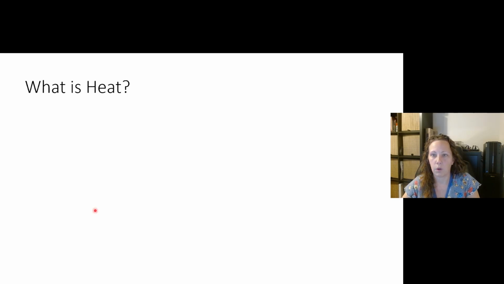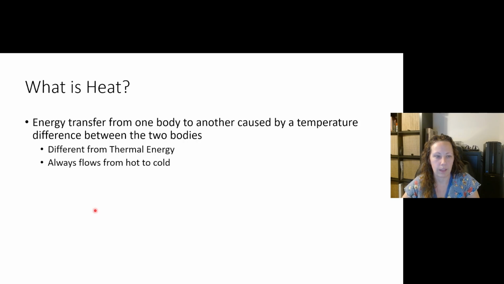Okay, so what is heat? Just want to define that a little bit better. So heat is the energy transfer from one body to another caused by a temperature difference between the two bodies. It's slightly different from thermal energy. Okay. It always flows from hot to cold.